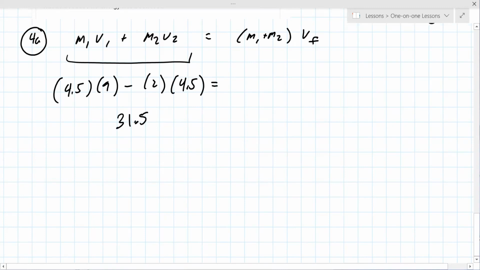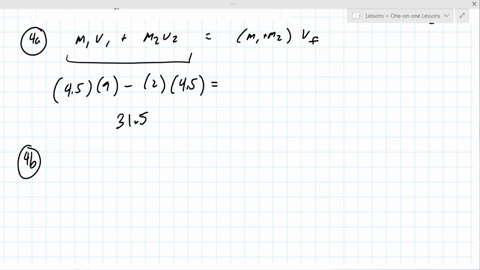The total kinetic energy of the system. There's really no difference until, okay, part B. Sorry, I'm looking at the wrong question.